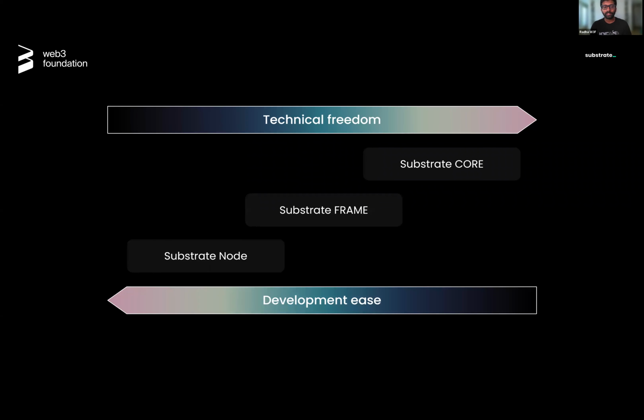That's where people usually start, and then they start exploring Substrate FRAME, which lets you add cool features to that particular blockchain. And if you're not satisfied with what Substrate is offering, you have the flexibility to even change its core primitives. Substrate is based on Rust, which is a programming language.